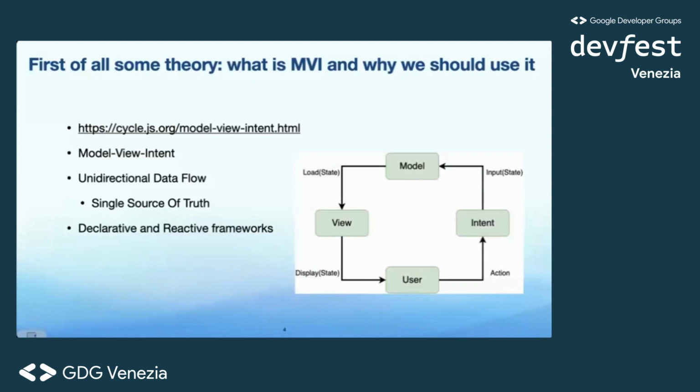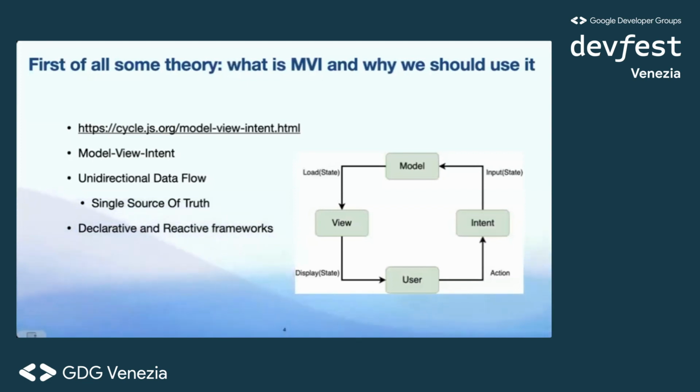You can understand that this particularly fits declarative UI frameworks like Jetpack Compose, SwiftUI, or Flutter as well. So MVI is perfect for these frameworks, and it is also connected with reactive programming, in the passage of the data.